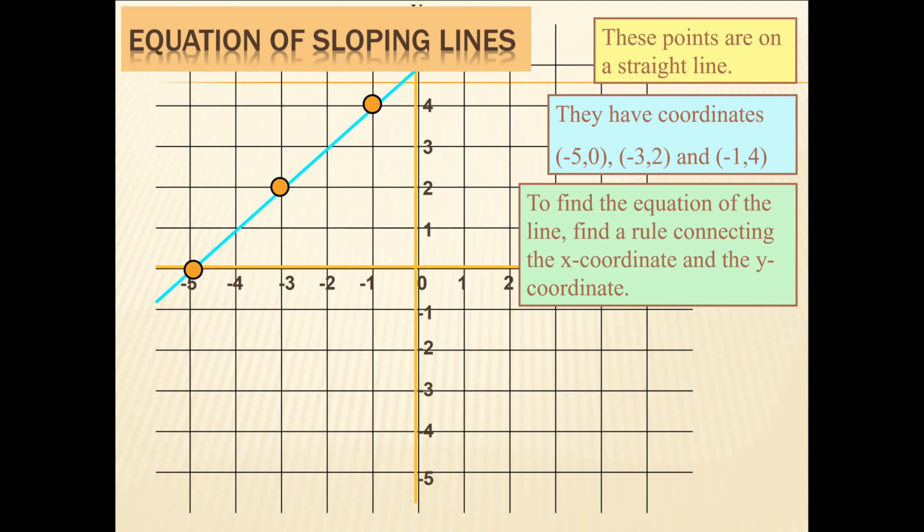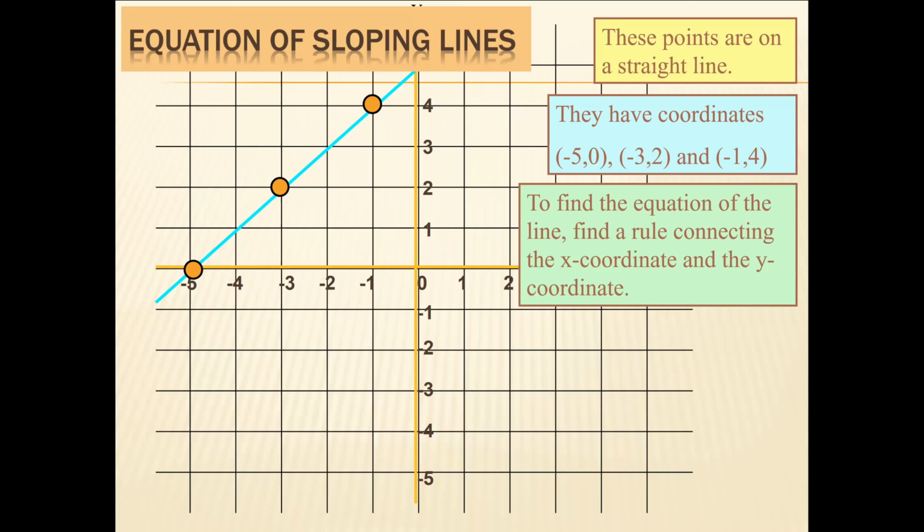Here there are 3 points marked whose coordinates are (-5, 0), (-3, 2), and (-1, 4). To find the equation of such a line, we need to find a rule which connects the x and y coordinates for all the points on this line.